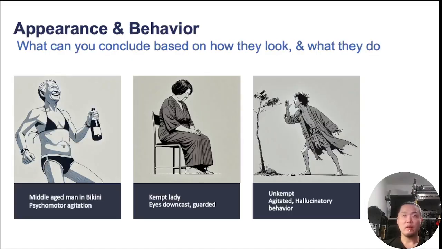Now, we typically start the MSE by reporting about a patient's appearance and behavior. I like to think about appearance as only what you can describe from a photograph, and this is distinct from behavior, which would involve a person's activity.